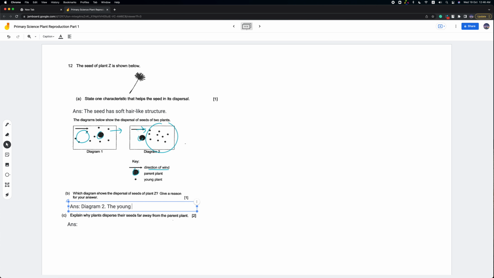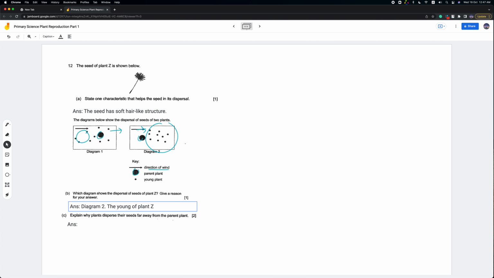Okay, so the question is which diagram shows, and we already said that it's diagram 2. So the young plant. Where's the word young plant? It's here. The young plant. Let me change to arrow again. The young plant. Okay, the young of plant Z. That's better.